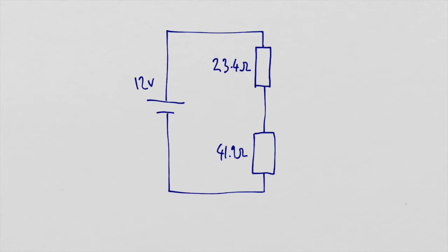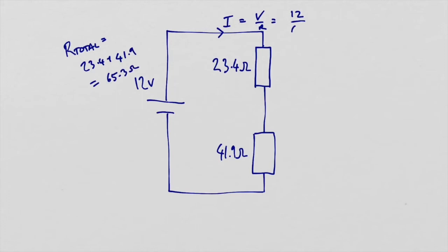Well, there are a number of ways that you can do it. I'm going to start by trying to figure out what the current would be in the circuit. So the current is the potential difference divided by the resistance. At this point here, it's going to be 12 divided by the total resistance, which is 23.4 plus 41.9, and that is equal to 65.3 ohms.